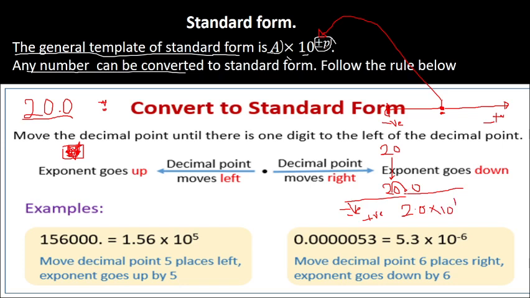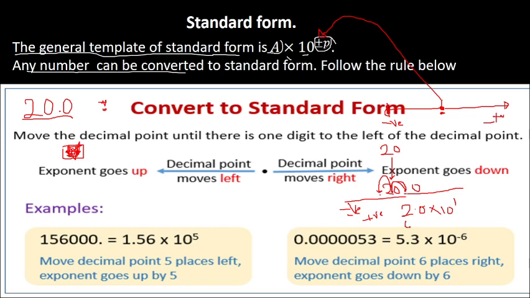It means that I move only once to the left. If I move in front of any other digit, my decimal point will now be in front of 2.